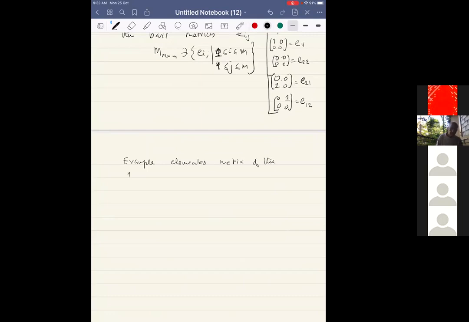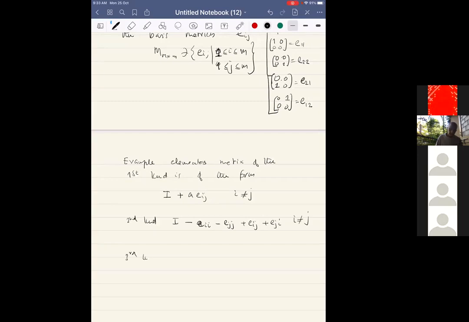the first kind is of the form identity plus a Eij, i not equal to j. Elementary matrix of the second kind is I minus Eii minus Ejj plus Eij plus Eji, i not equal to j.